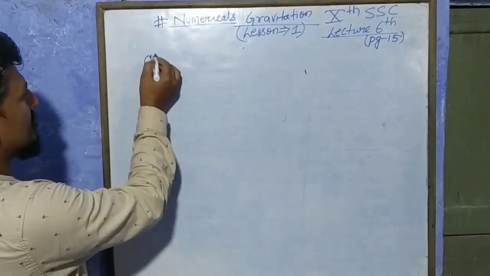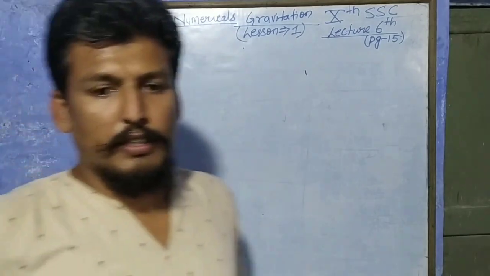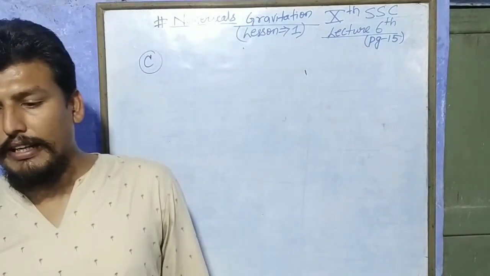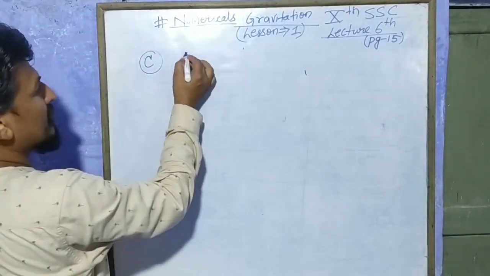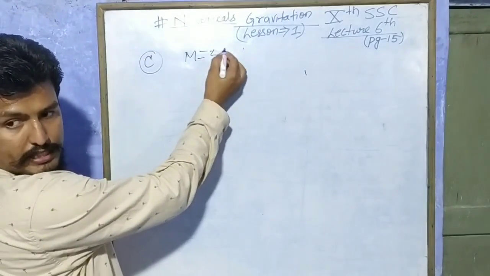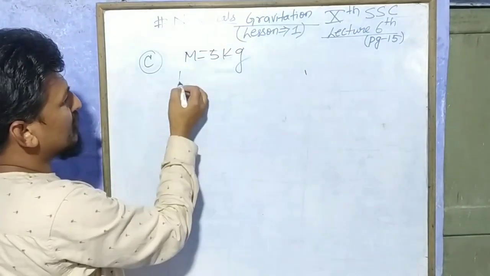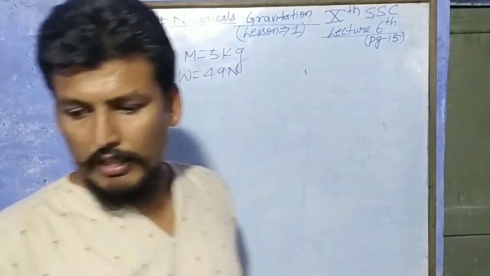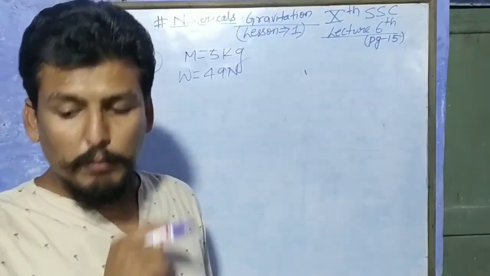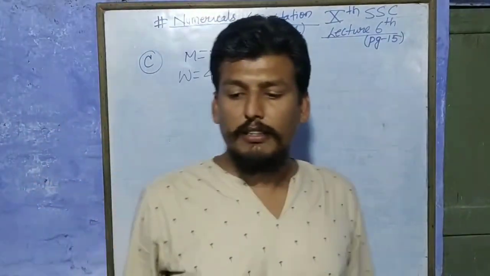So here is our third question. In the third question, the mass and weight of an object on Earth are 5 kg and 49 Newton. Mass and weight are given. Mass is 5 kg and weight is 49 Newton. What will be their values on the moon?